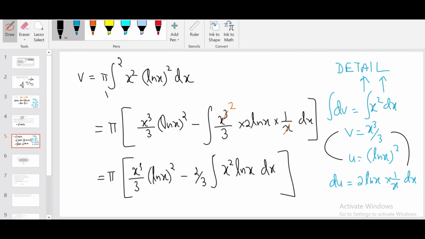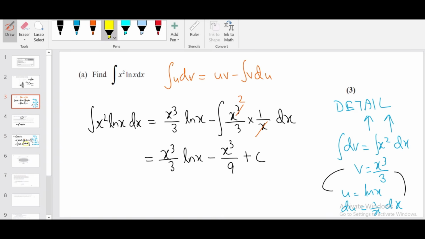This is where we are going to use the result from part A, because in part A we have already integrated x squared ln x.